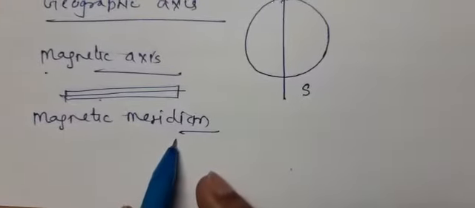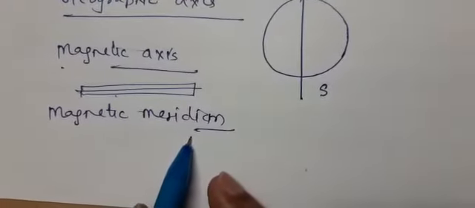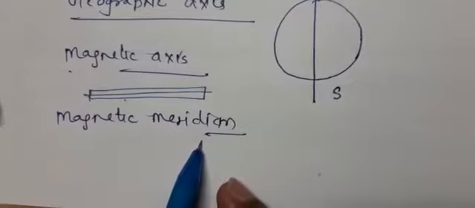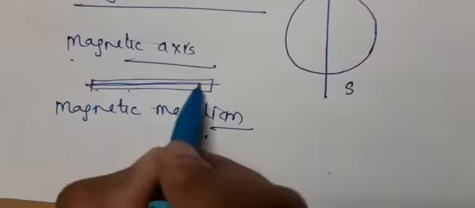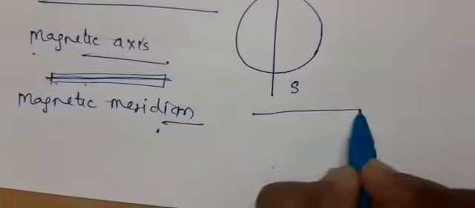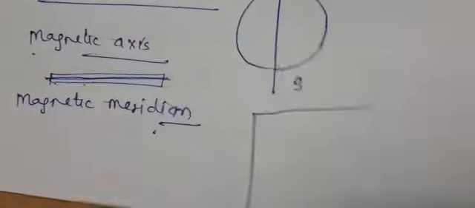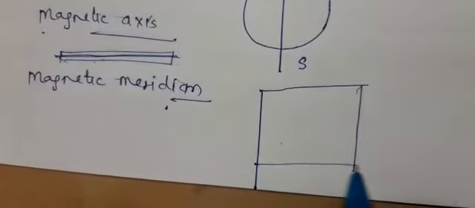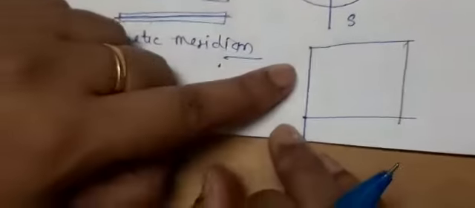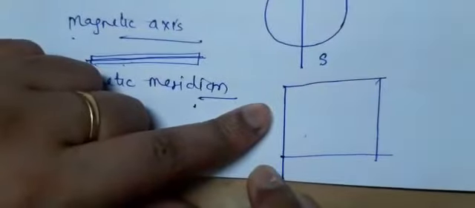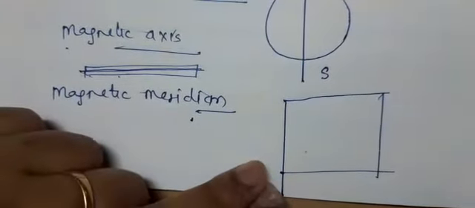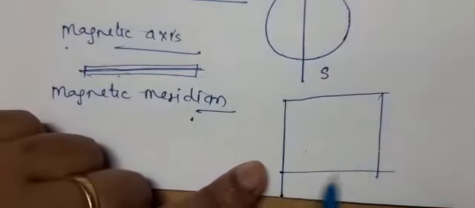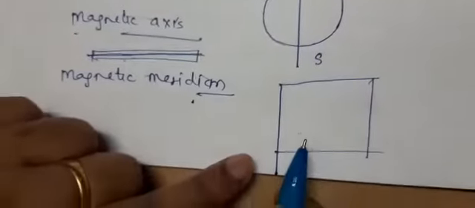Magnetic meridian is basically a vertical plane passing through the magnetic axis of a freely suspended magnet. So in simple terms you can say it is a vertical plane.